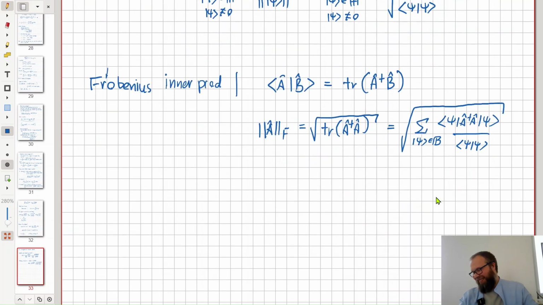However, fortunately, in the context that we are interested in, so finite dimensional vector spaces, be it operator space, be our original Hilbert space, whatever, there is a theorem that's called norm equivalence.